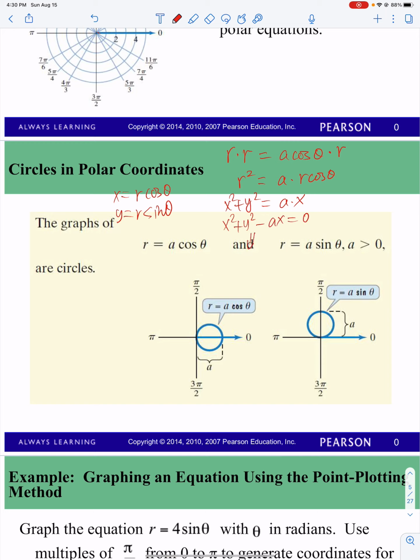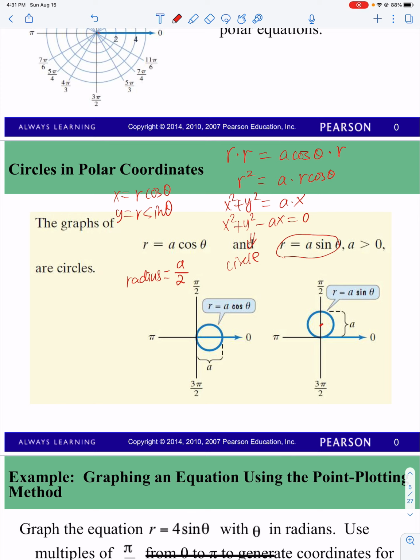And then you will know that this is a circle. So what is the radius of the circle? The radius is a over 2. Similarly, you know that this is a circle on the y-axis.